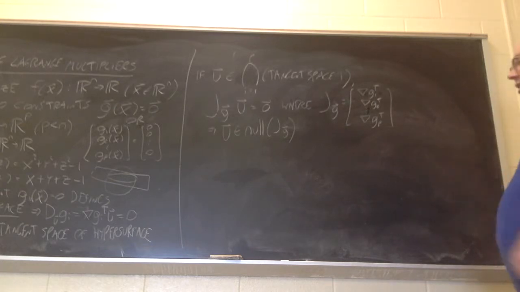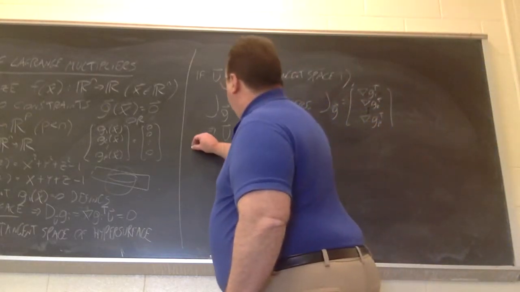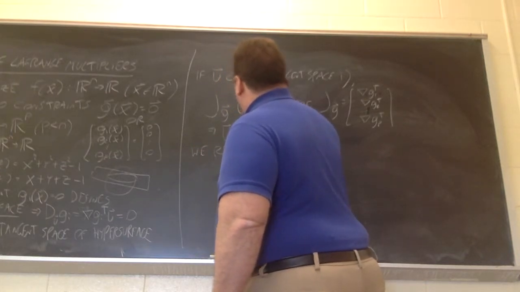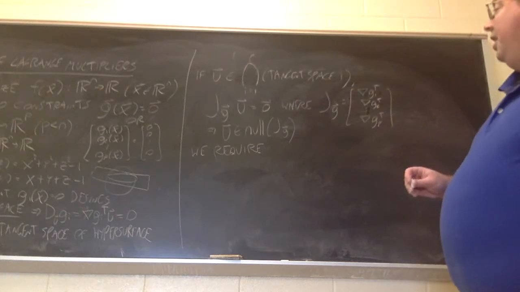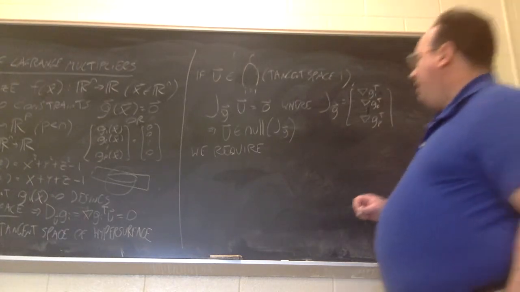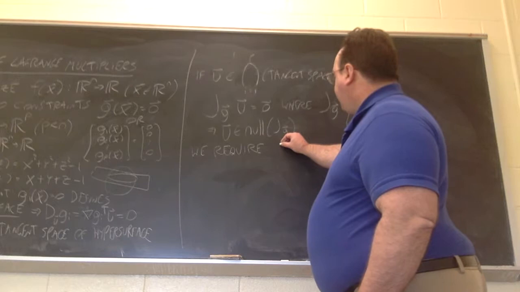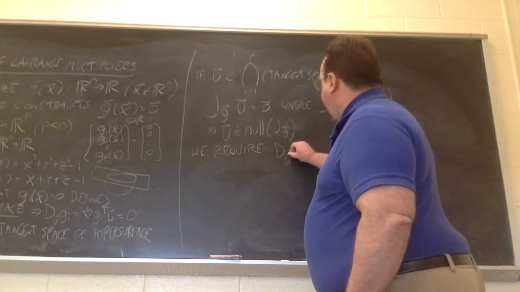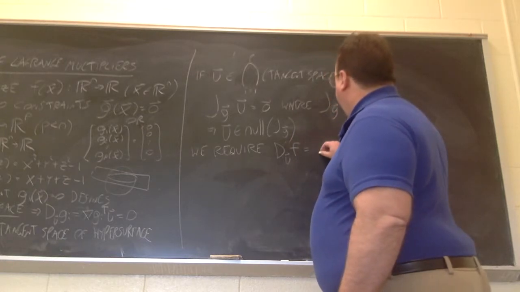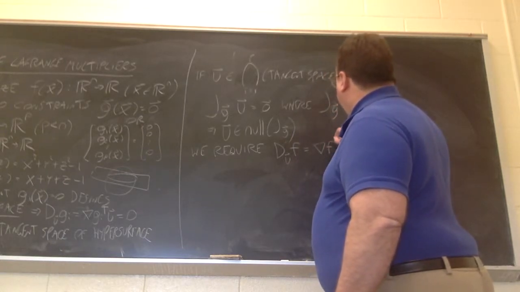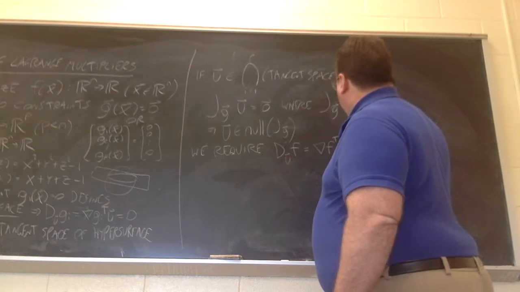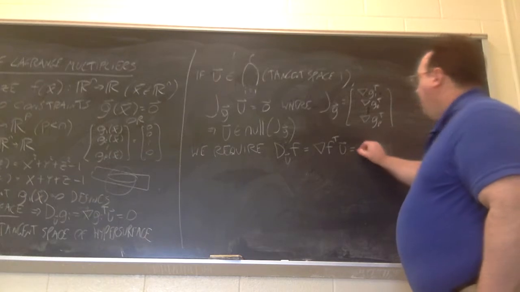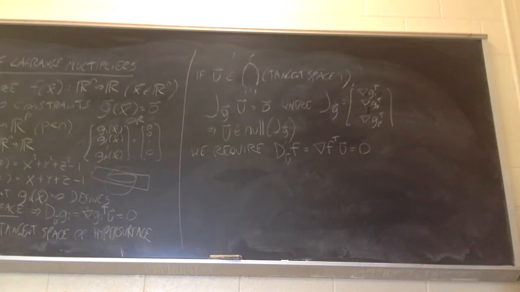Okay. Now, to minimize f within the set of all points that satisfy the constraints, we require that the directional derivative of f, which is the gradient of f dot product with u, must also be 0.